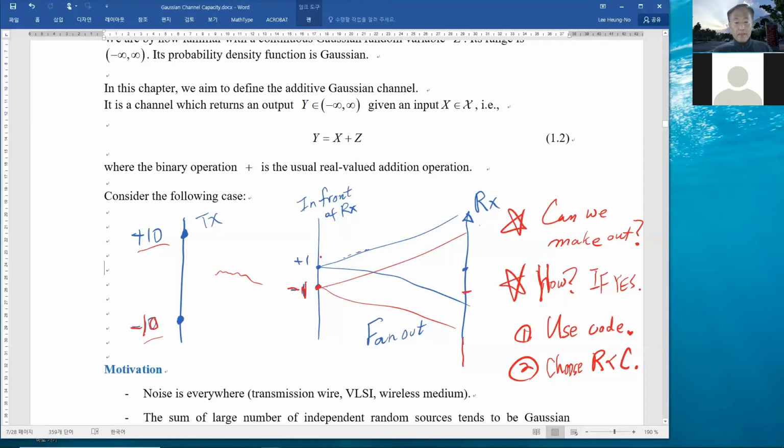And when it comes inside the circuitry of the receiver, basically there is a white noise added to the received signal. So it becomes the received signal or received symbol.